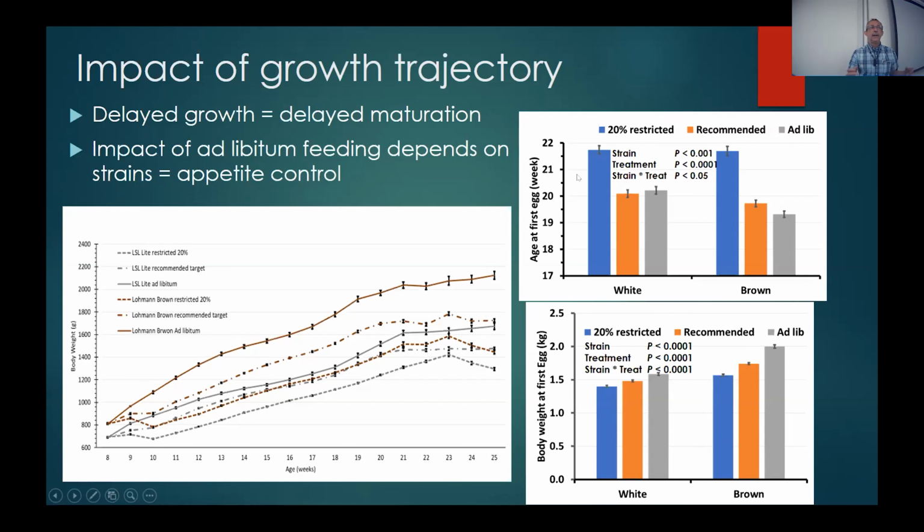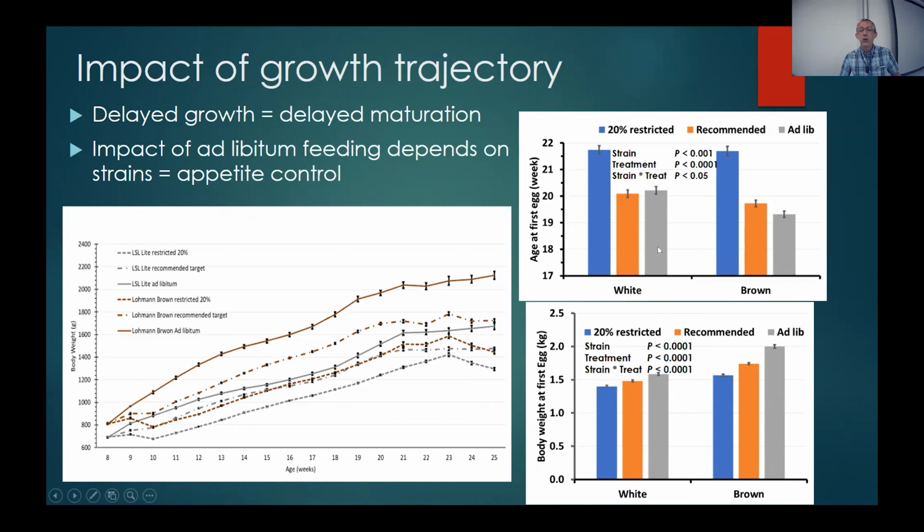Which means here another indication that there is actually a link between the body status and the entry in lay. Now, if we look at the ad libitum versus the on target, surprisingly though, when we looked at the whites, those whites ate relatively the same whether they were ad libitum or on target. So which means the white birds did not tend to eat excessively.